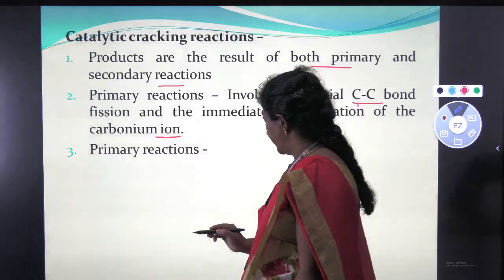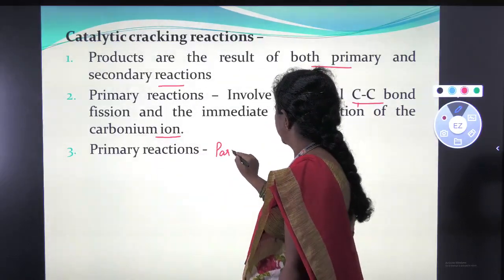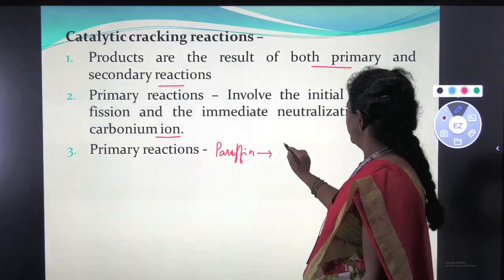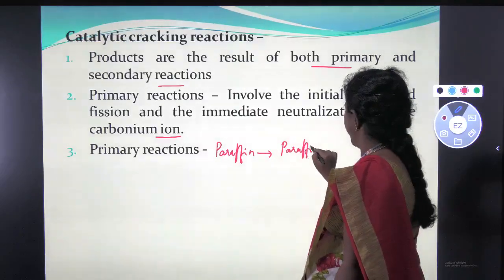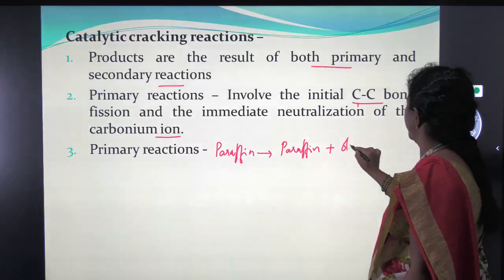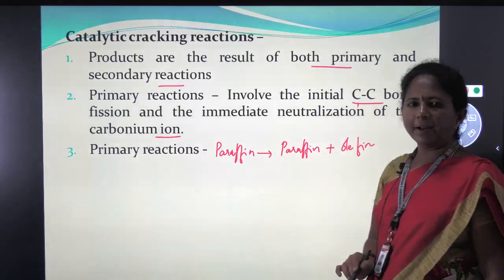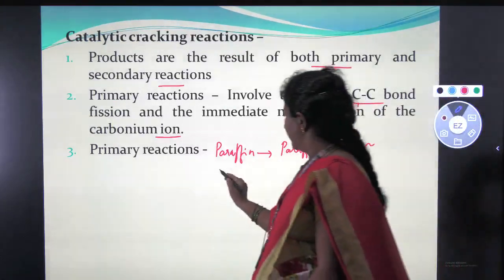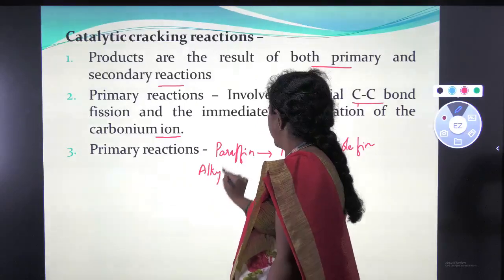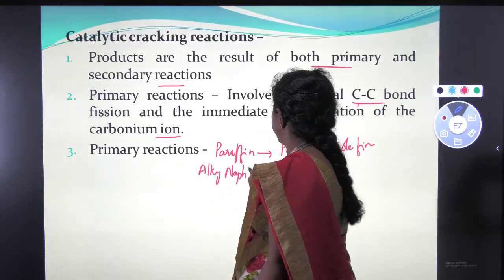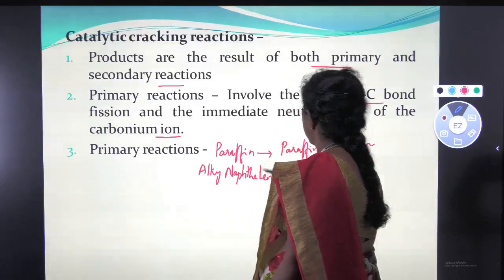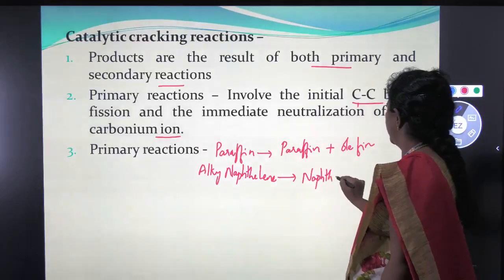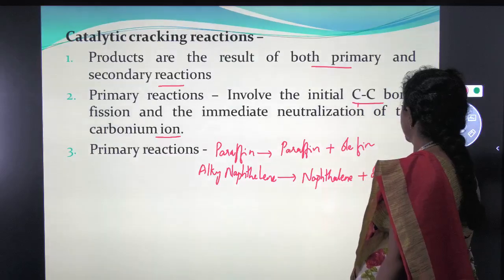So primary reactions means here, in primary reaction, paraffin will be converted into paraffin plus olefin. That means the paraffin molecule will be cracked into paraffin and olefin. If the reactant is alkyl naphthalene, it will be cracked into naphthalene plus olefin.